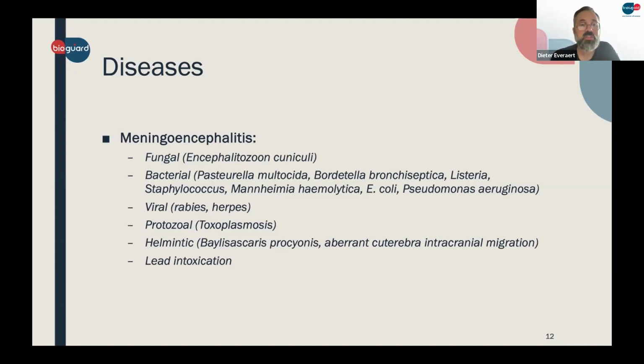What I have seen, and that's quite an important differential for meningoencephalitis, is toxoplasmosis; we have seen several rabbits with toxoplasmosis. So if you're doing the differential diagnosis and you find out it's a central vestibular disease, you need to check whether it's either Encephalitozoon or toxoplasmosis.